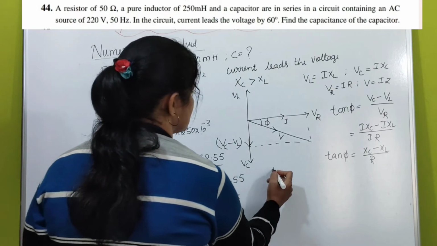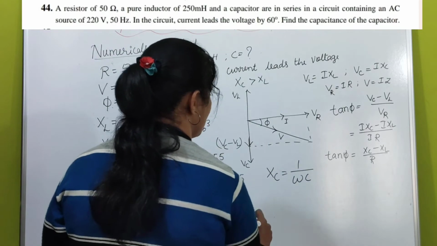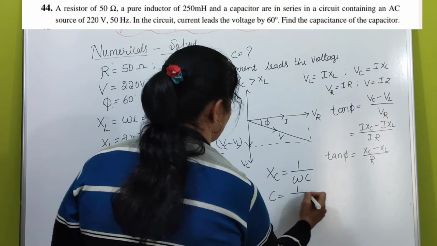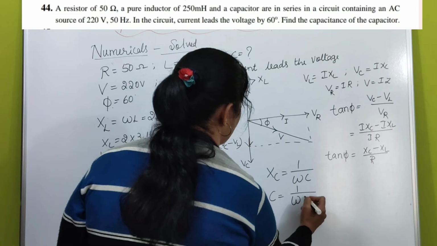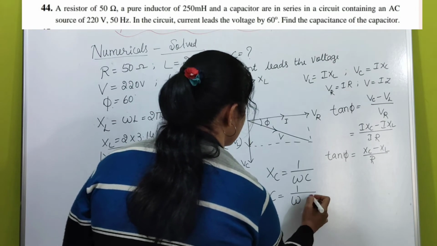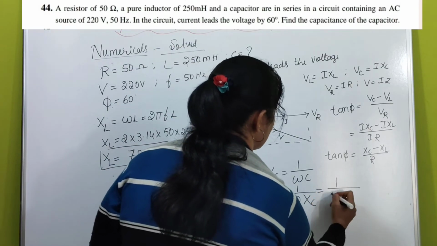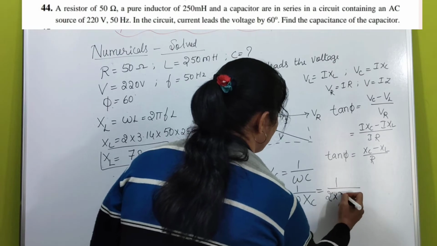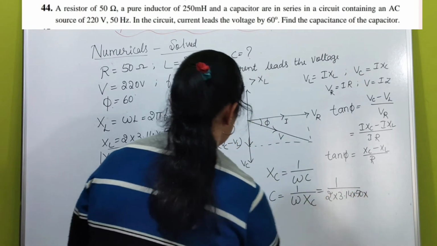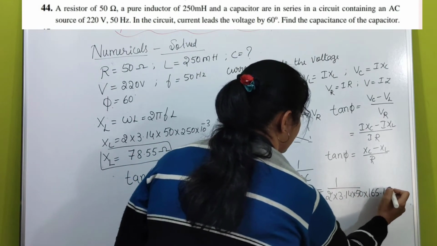Now let us use this relation. XC is equal to 1 by omega C, right? So cross multiplying, C is equal to 1 divided by omega into XC. Omega is 2 pi f, where pi is 3.14 and f is 50, into XC, which is 165.15.